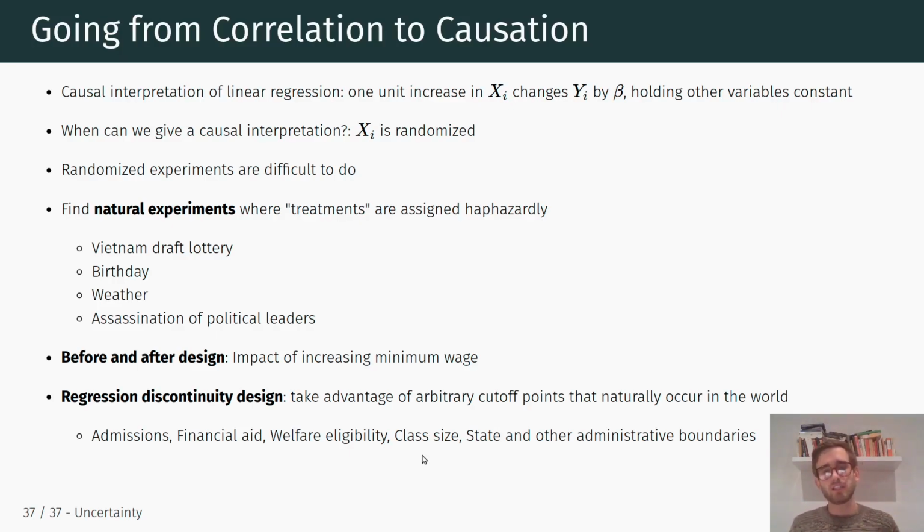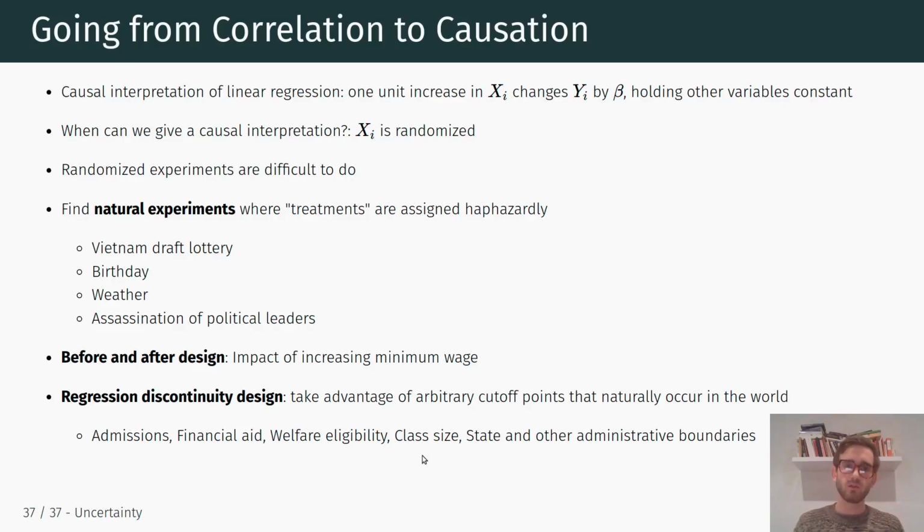All those are essentially identification strategies to get you closer to interpreting the regression coefficients in terms of the causal effect of X on Y, right? But the key point is that just controlling for additional variables is not enough.